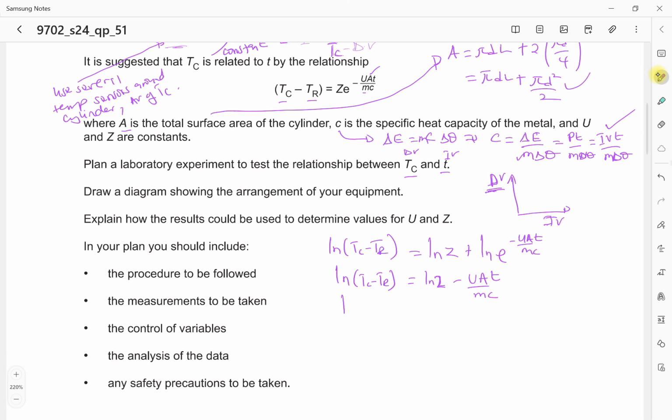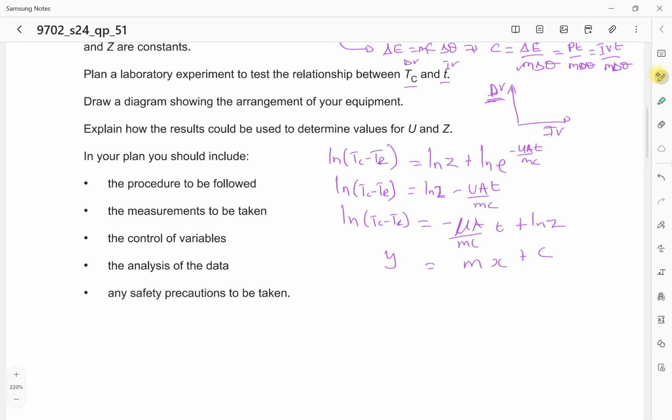When I rearrange this, it becomes ln of (Tc minus Tr) equals negative UA over mc times t plus ln of Z. If you compare with y equals mx plus c, it means I will plot a graph of ln of (Tc minus Tr) against t.